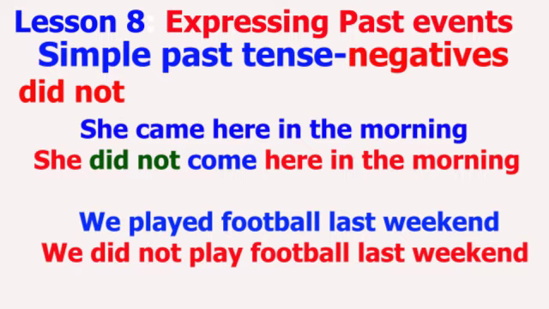Remember that when you are using did not, the verb should go back to its basic form. So we are not going to say we did not played. We are going to say we did not play. The verb play must remain in its basic form.